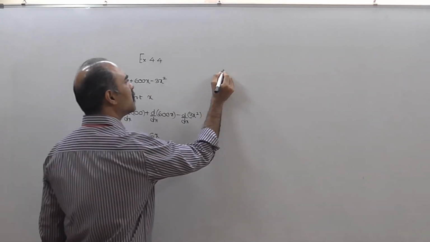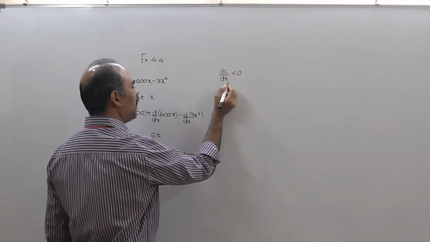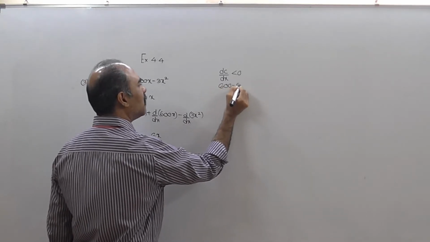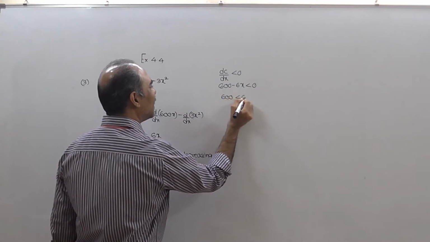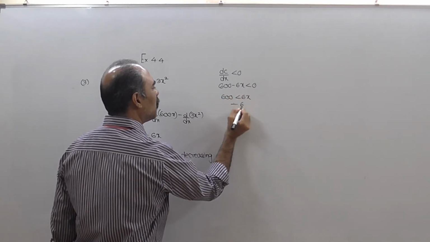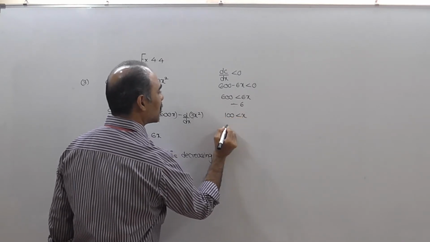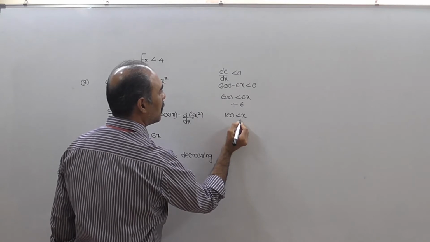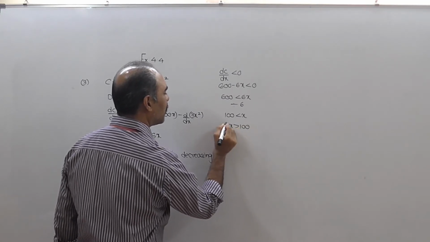If the total cost is decreasing, it means that f dash of x, dC by dx, is less than 0. So I get 600 minus 6x is less than 0. I get 600 is less than 6x. Divide both sides by 6. You get 100 is less than x. That means x will be greater than 100.